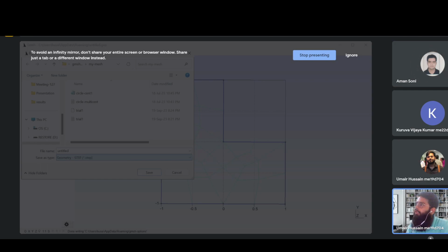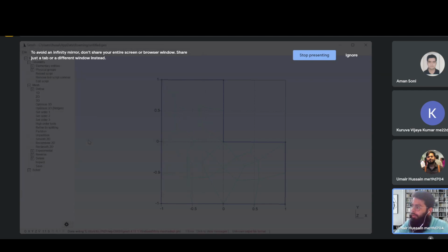I want geo only, so you can click on this arrow and choose from the extension. Okay, it says that output is not supported for saving the mesh file.